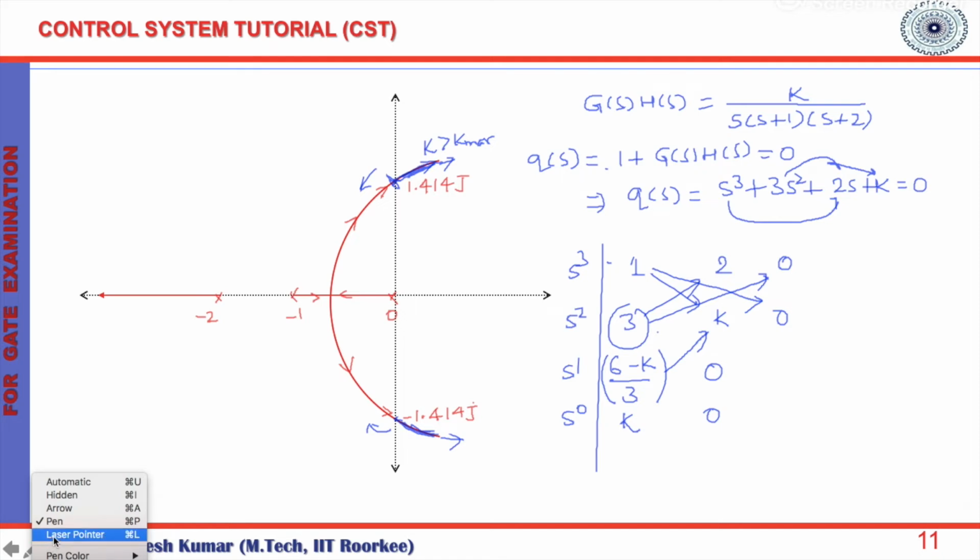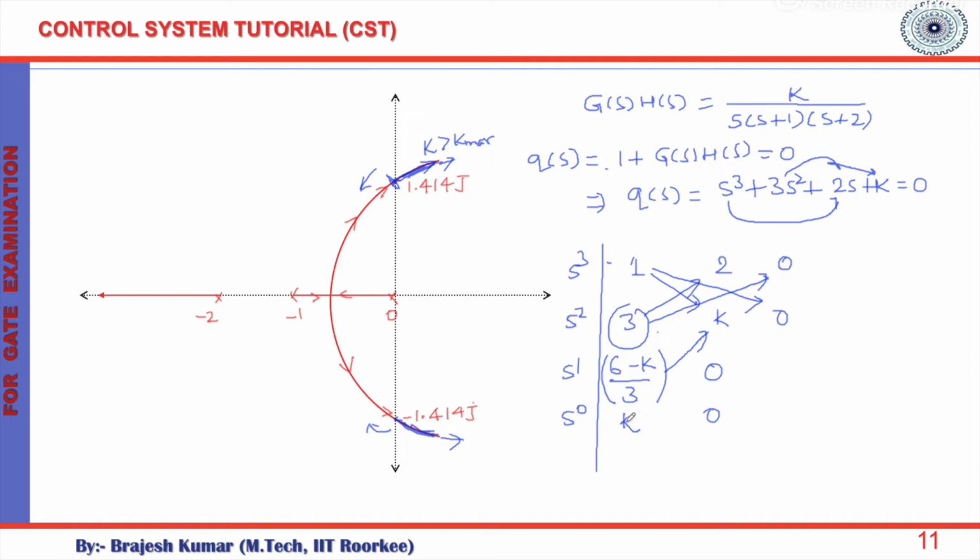So we need to find the value of K for the stable operation. So you need to find the row of zeros. What you'll do, you can't take K equal to 0, because when you take K equal to 0, the root locus is still at the poles only, right? So you need to take any value which is greater than 0.